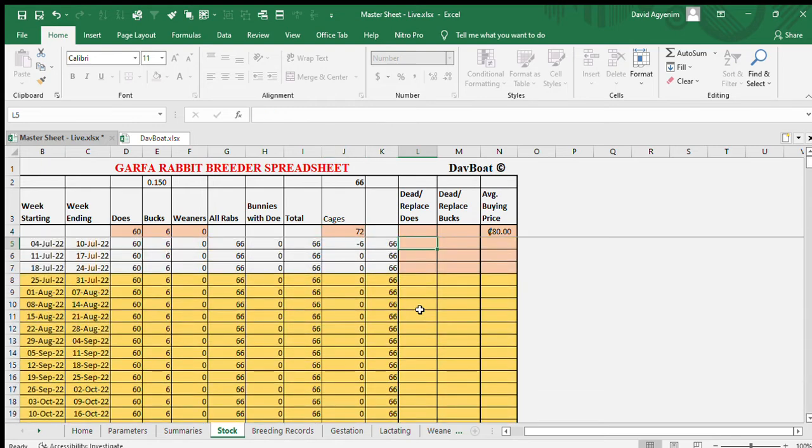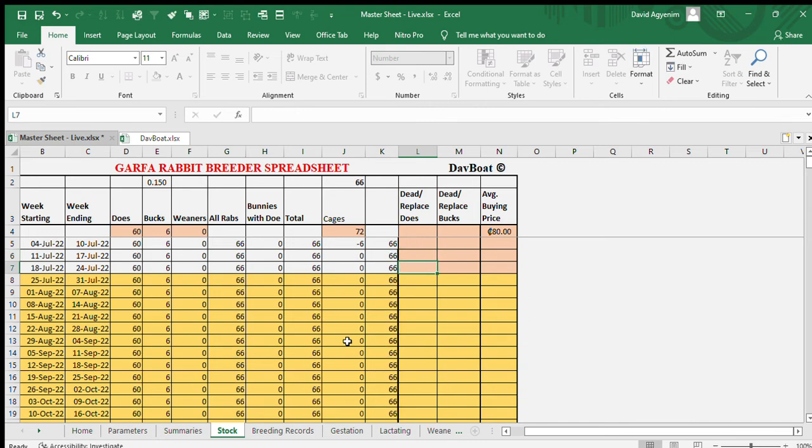Because if you sold a buck, it will be negative and the price will be here. It adds up to your sales in the sales sheet. So any addition or subtraction you do here will reflect in your stock, your doe or your buck. So if you take one out, it changes to 59.